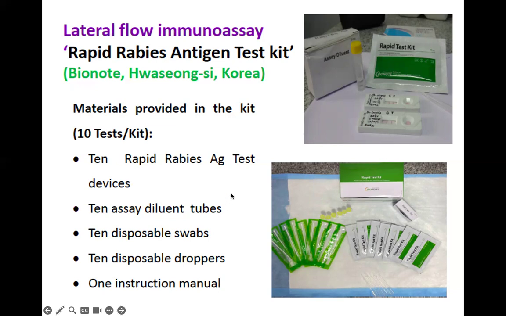So the common things that we also find in our COVID test kit, you have the diluent tubes, which represent the buffer, and the lateral flow test kit. You have swabs for the samples, droppers to drop the sample, and of course an instruction manual. So if you plan to commercialize your rapid test kit, then you need to have all this.